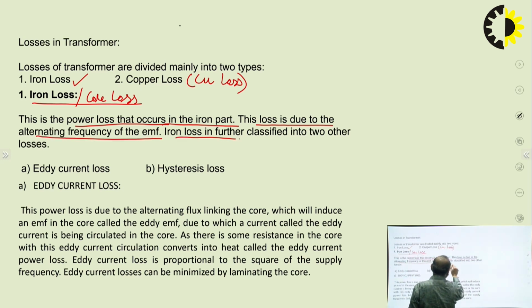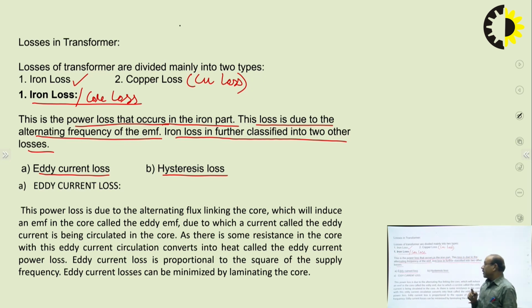Iron loss can further be classified into two other losses: one is eddy current loss, second is hysteresis loss. From this we can see one more thing: since iron loss is dependent upon frequency, if DC supply is there, there is no question of iron loss, since the frequency of DC supply is 0.